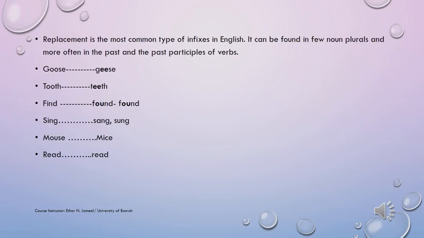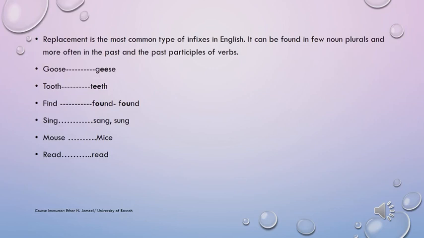Tooth. Tooth is the singular form. Teeth is the plural form of tooth. So, tooth, teeth. We cannot say tooths to make it plural. We have to say teeth.